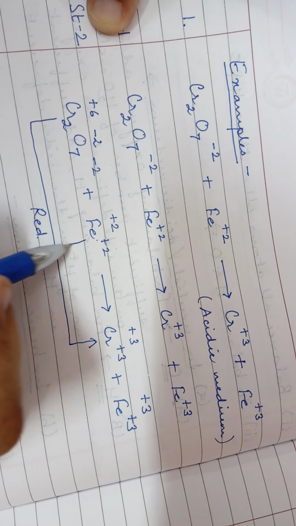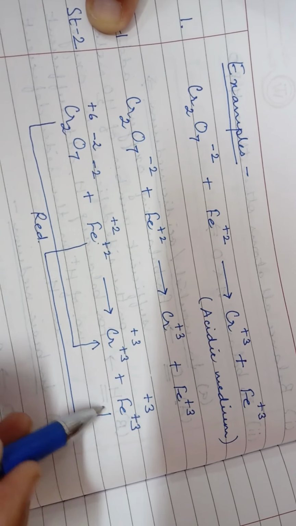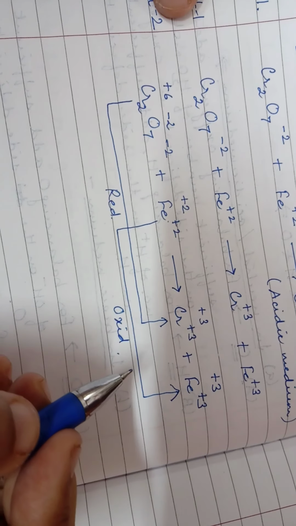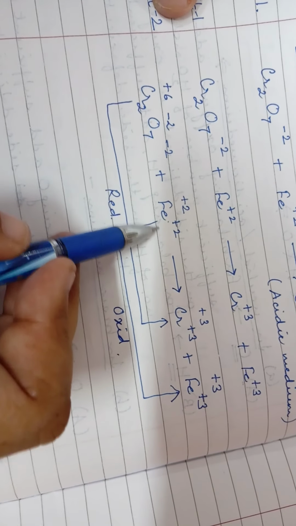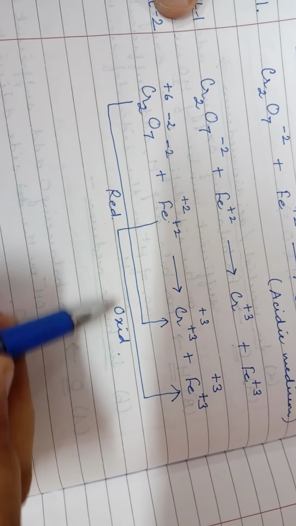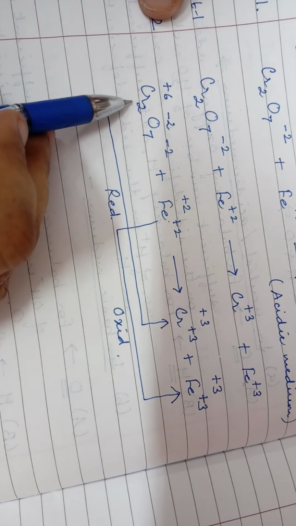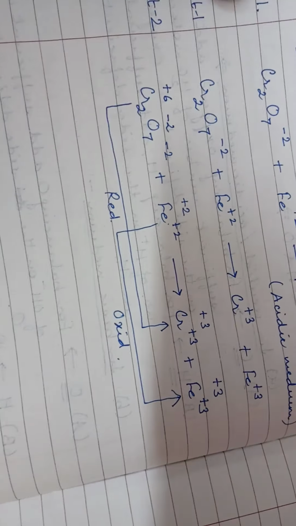So Fe +2 to Fe +3 is oxidation. We'll identify which substance is undergoing oxidation. It is Fe +2. And which species is undergoing reduction, it is Cr2O7 -2.